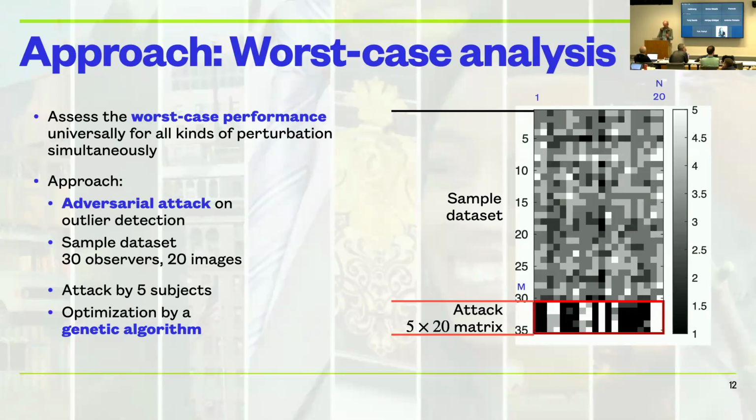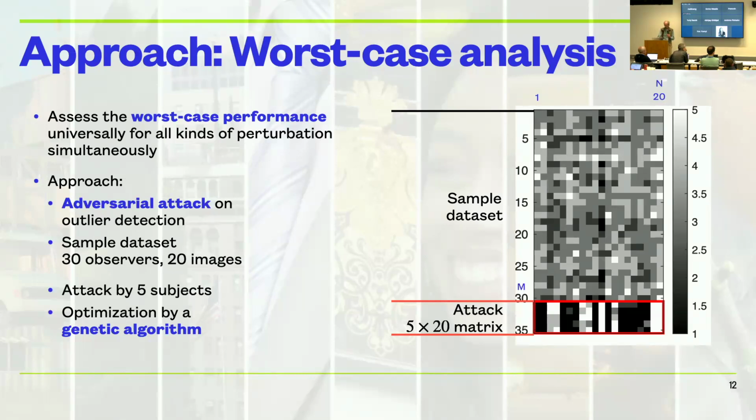These are the attacks, and we will now maybe randomly assign ratings to this attack and find out how much these attacks disturb the resulting MOS values. And we can optimize this distortion by some combinatorial optimization method, namely the genetic algorithm that we chose, but you can choose others.